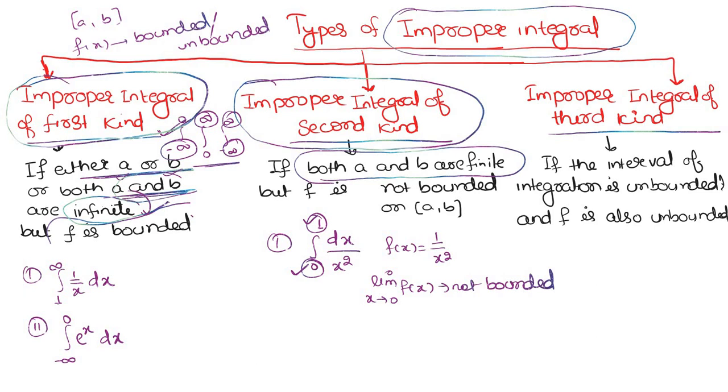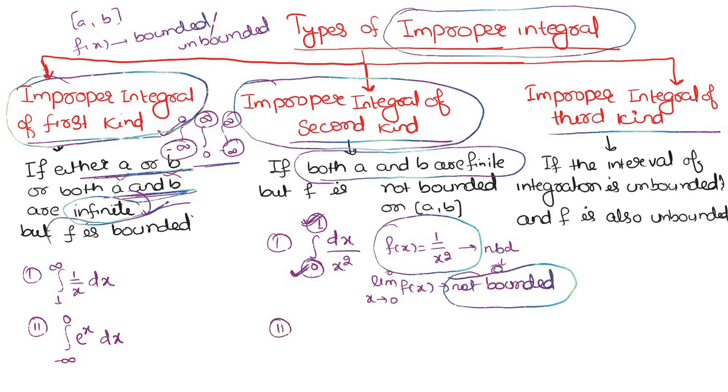So in this example, we can clearly see the integration limits are finite, but the function is unbounded, most precisely in the neighborhood of 0. So this is an example for improper integral of second kind.